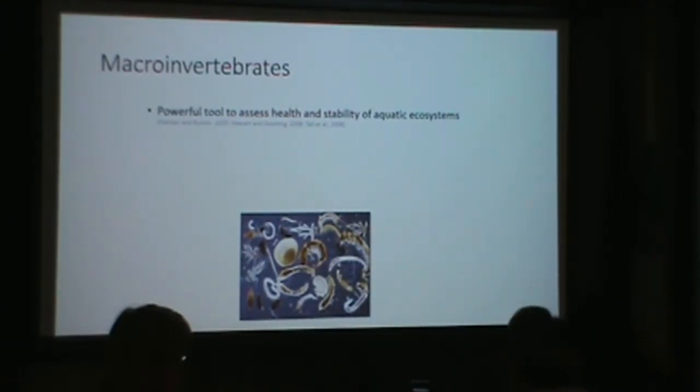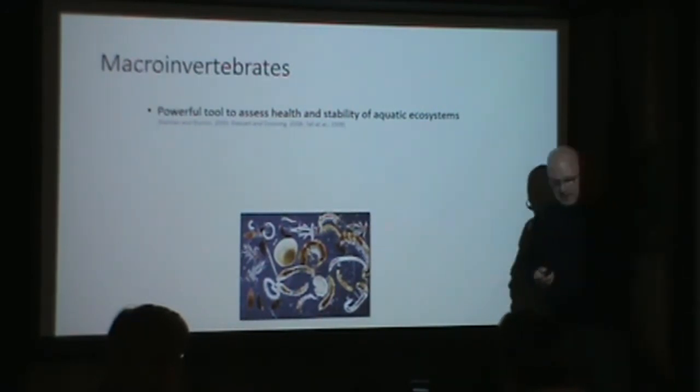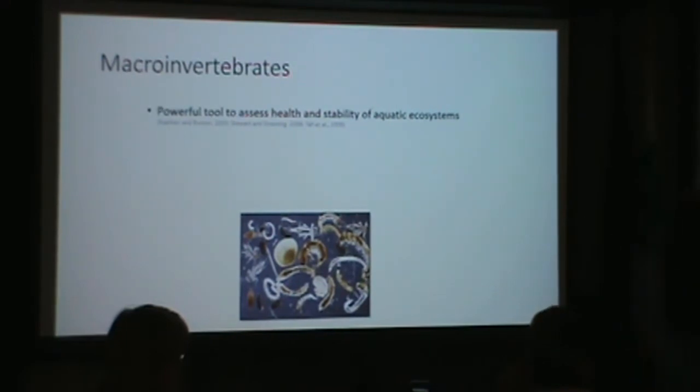We decided to look at that community because it's been used in many places for indicator and assessment purposes. It's a standard methodology, and it's been successful in other wetlands.